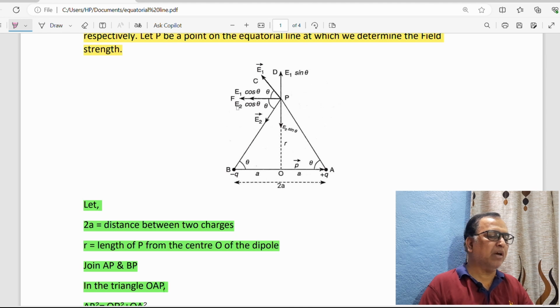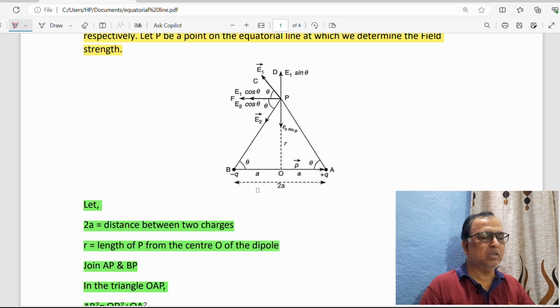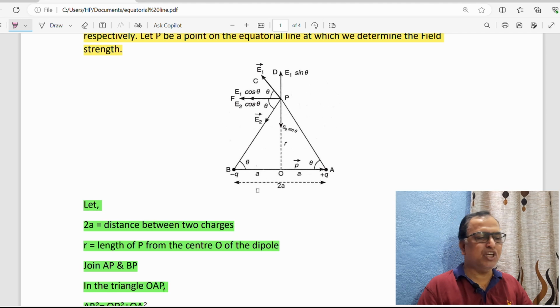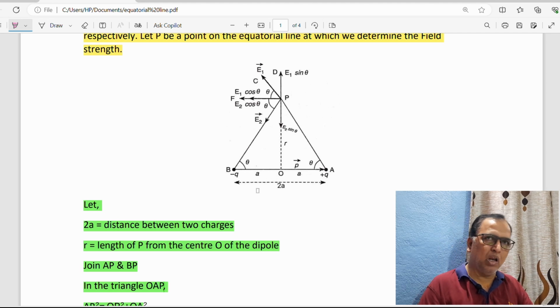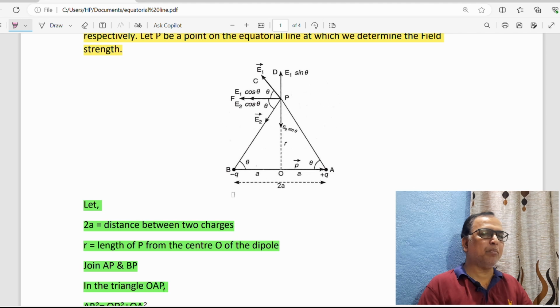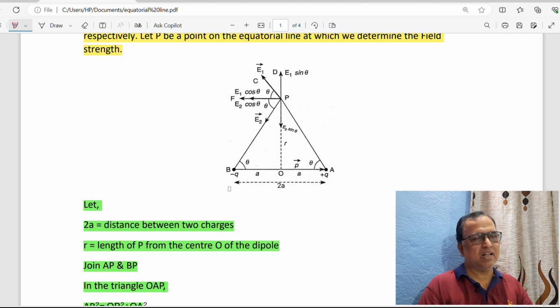So E1 cos theta and E2 cos theta are along PF, E1 sin theta is along PD, and E2 sin theta is along PO. These two, E1 sin theta and E2 sin theta, are equal and opposite to each other, so they are neutralized and cancelled.